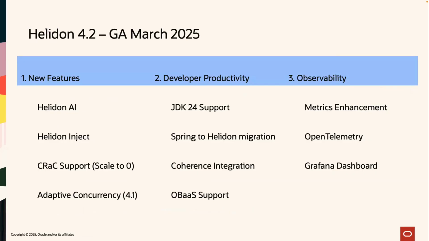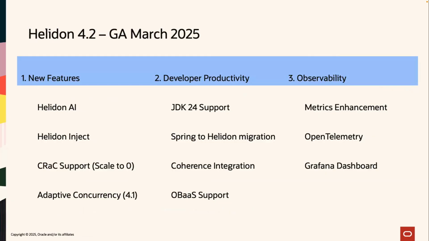We've recently released a new version of Helidon, Helidon 4.2. This was released in March 2025. It was featured in JavaOne, and it delivers a whole series of new capabilities: AI integration, the latest support for Java 24, new concurrency support for OBAS capabilities.